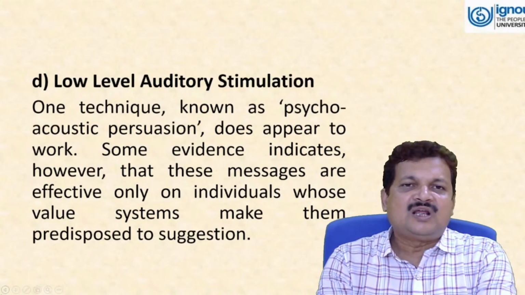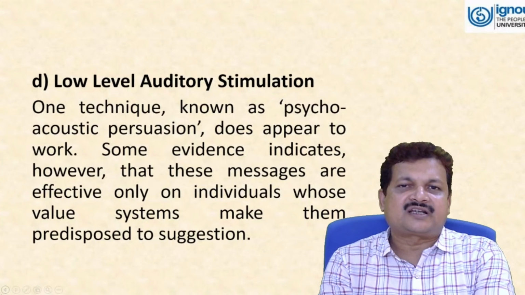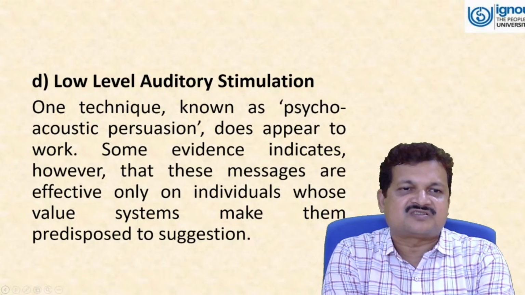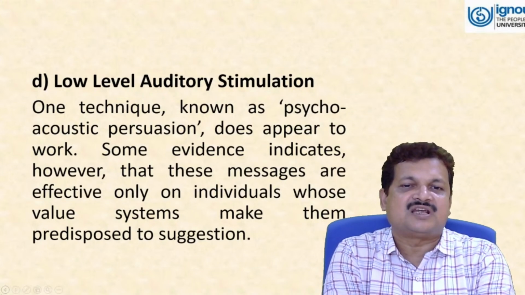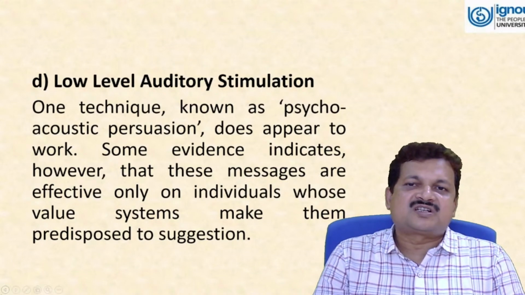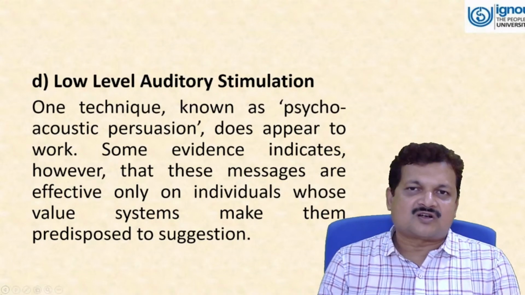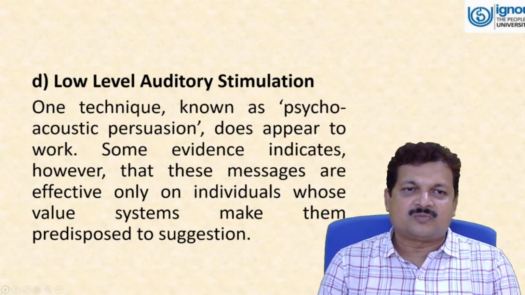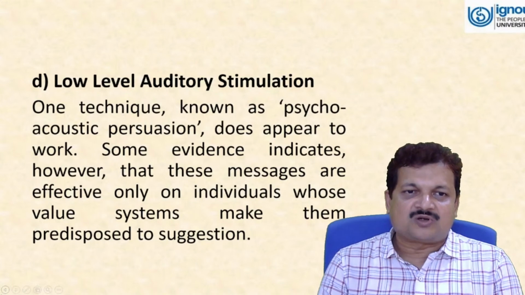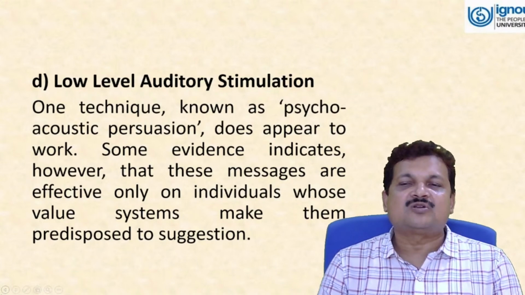Lower level auditory stimulations, techniques known as psychological acoustic persuasions, do appear to work. Some evidence indicates, however, that these messages are effective only on individuals whose value systems make them predisposed to suggestion. So even if the stimulation is low level, the message is very important and related to the predisposed person.